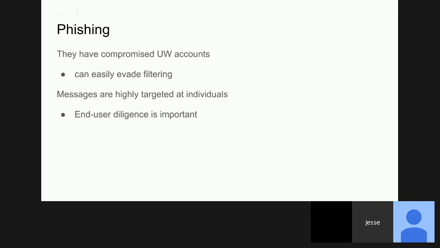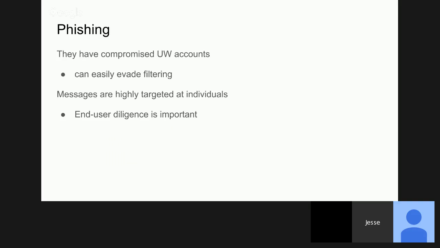Oh, and the first point I had on the slide there was that since they already have compromised accounts on our system, they can use those accounts to craft new messages to target at other users on our system, and they can just try different variants of their phish to get one that gets through to the inbox.